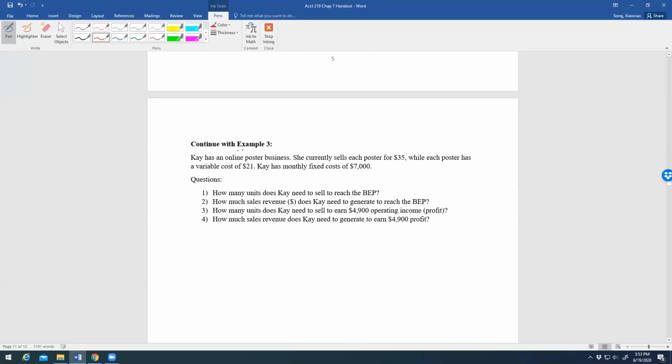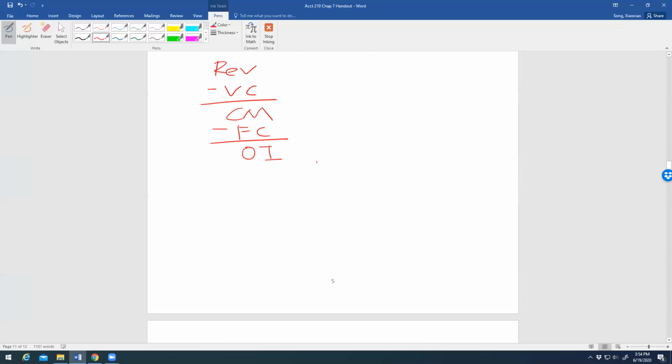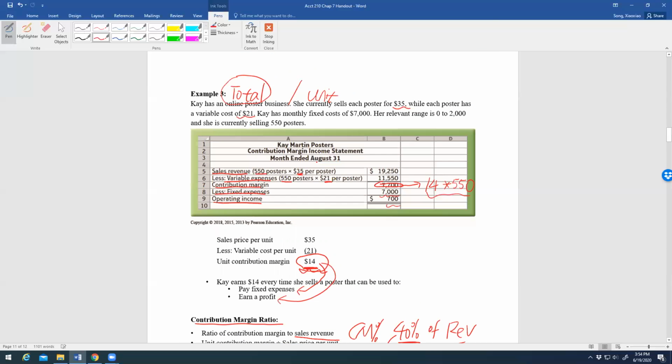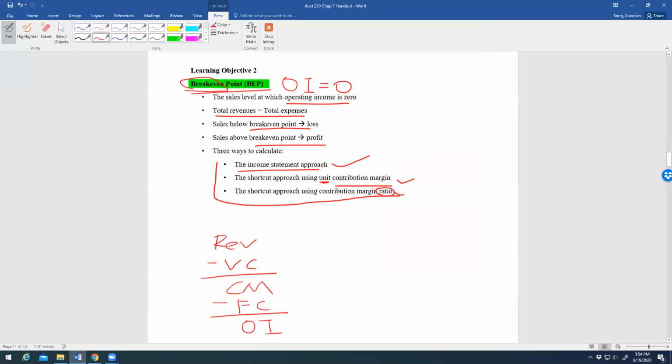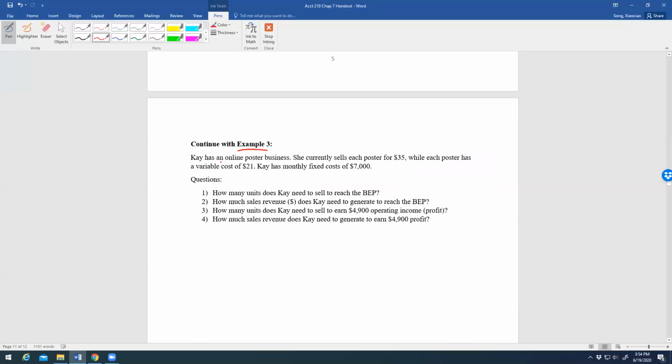Continue with example 3. Remember, someone is selling the poster. You have an online poster, currently selling each one. Selling price is 35, variable cost is 21, and fixed cost is 7,000.